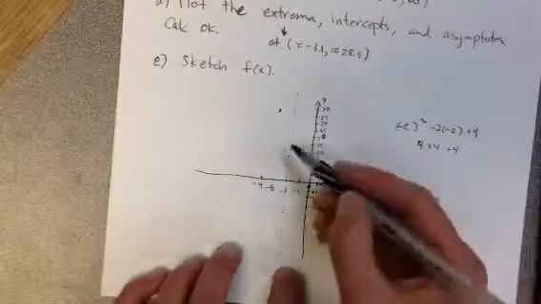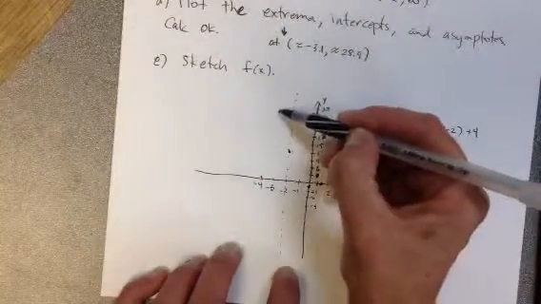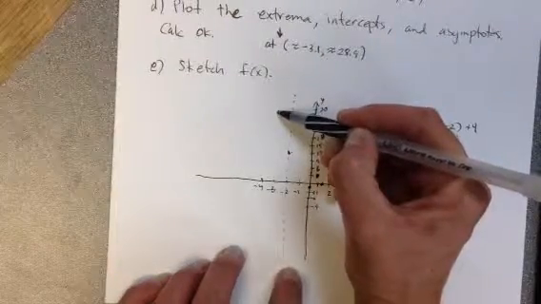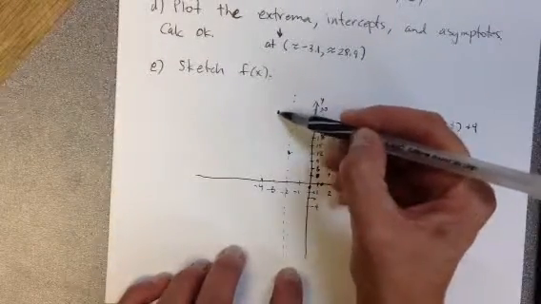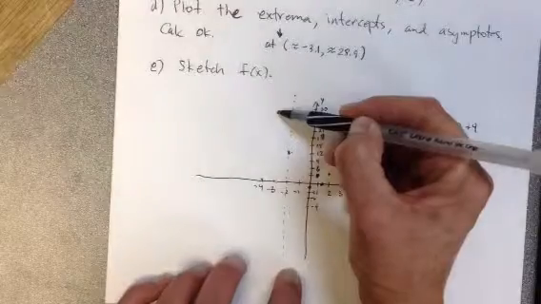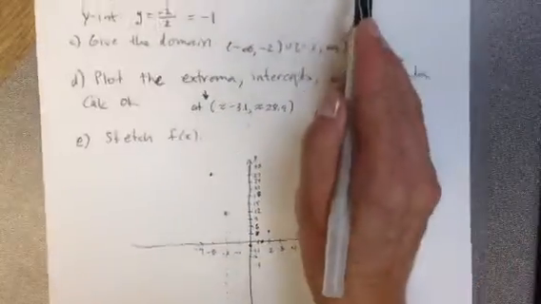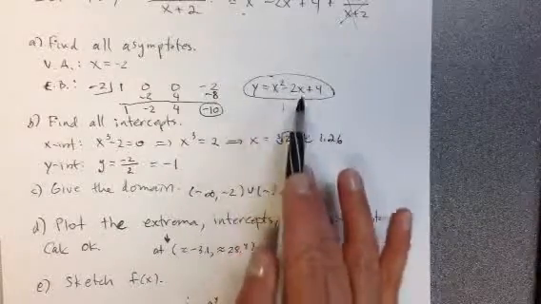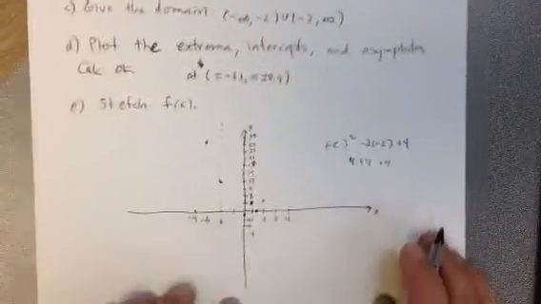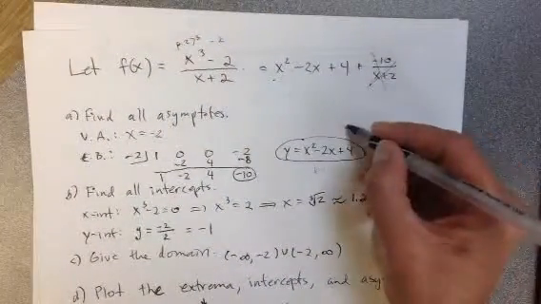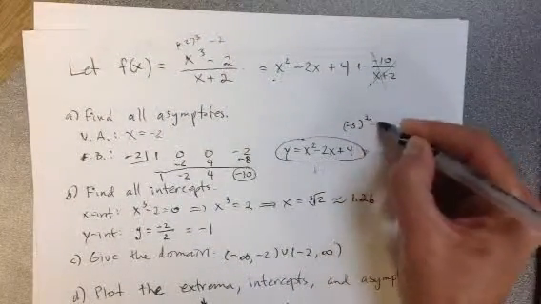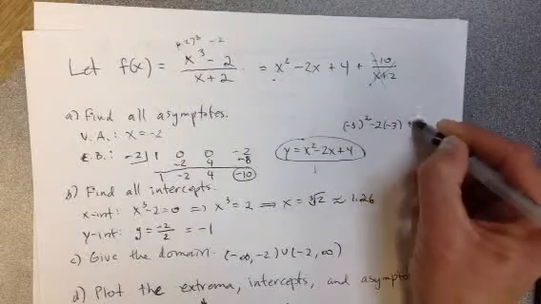Okay, so I know that this is my relative minimum right there. I'm also going to find out where my end behavior asymptote lies relative to that, and so I find out the y value on the end behavior asymptote when x is -3. So we have, say, do it up here, (-3) squared minus 2 times (-3) plus 4.